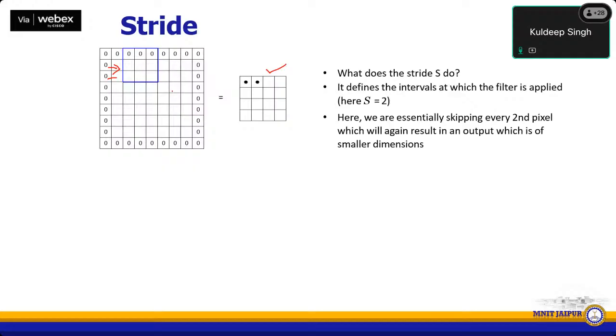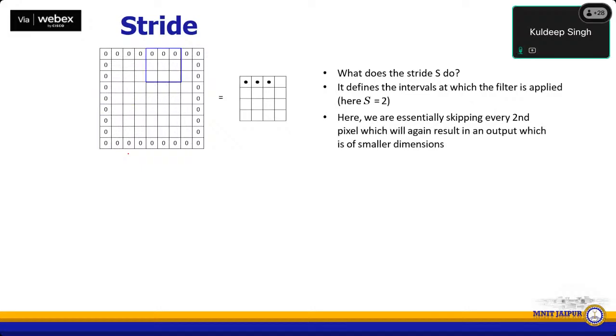The greater the stride, the more the dimension is reduced. Had the stride been equal to 1, the feature map dimension would be larger. It means we are skipping every second pixel whenever we move this filter from one location to another, and so on. That is how it works.